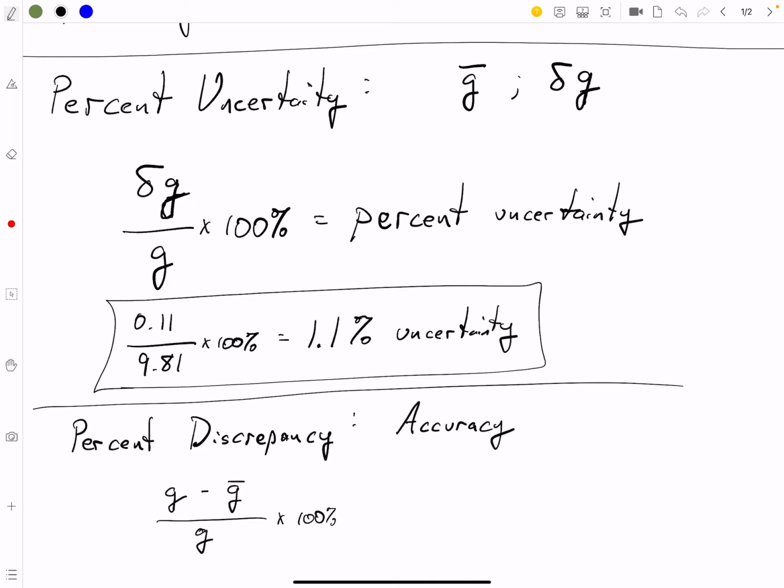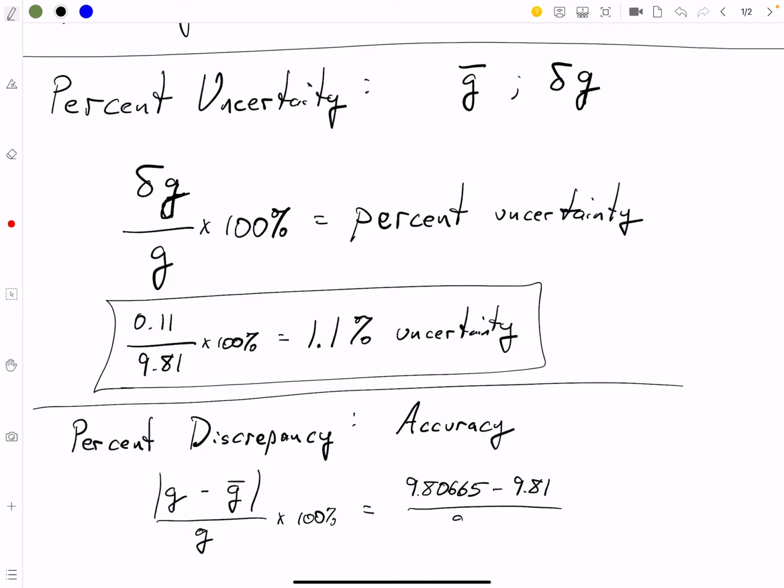So we have 9.80665. Now, of course, you want to do this because you want a positive value, the absolute value, and we're going to do our 9.81.